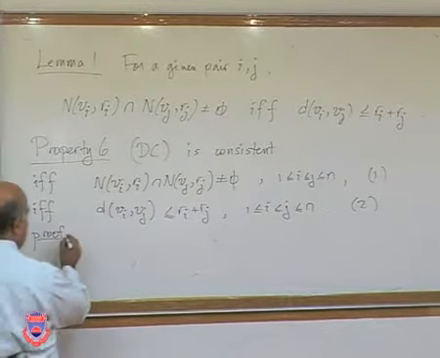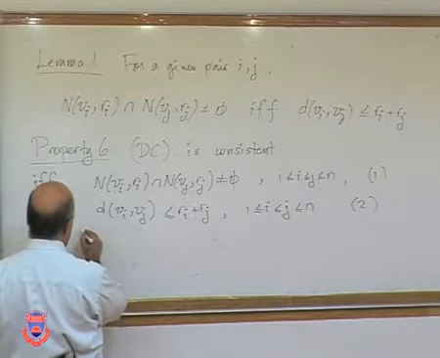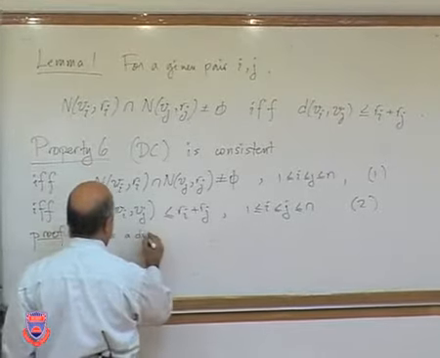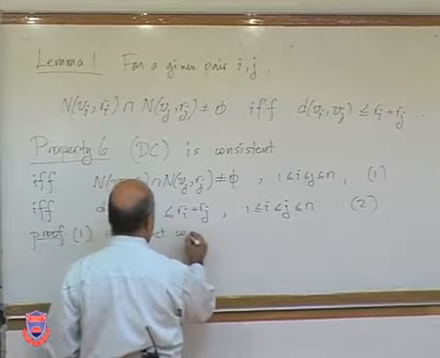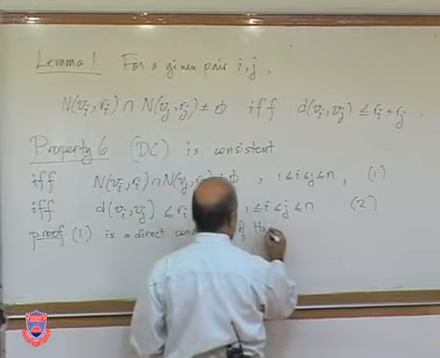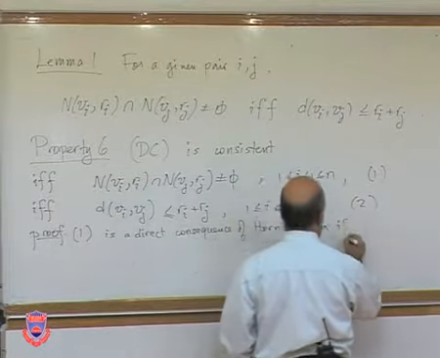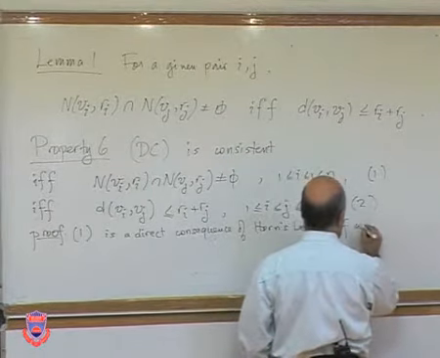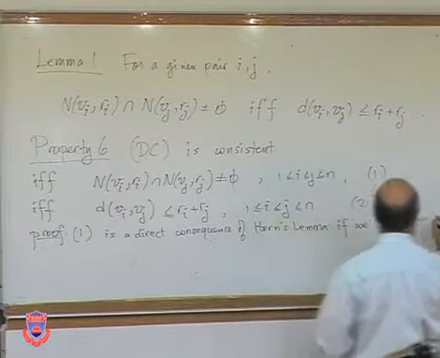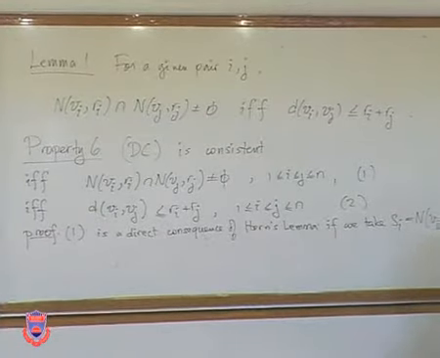So let's just give a summary proof. 1 is a direct consequence of Horn's lemma if we define Si to be the neighborhood Vi Ri for every i.